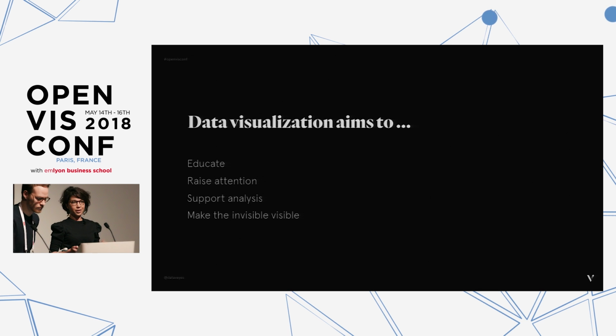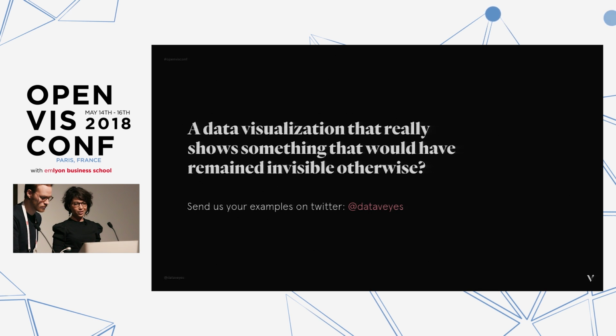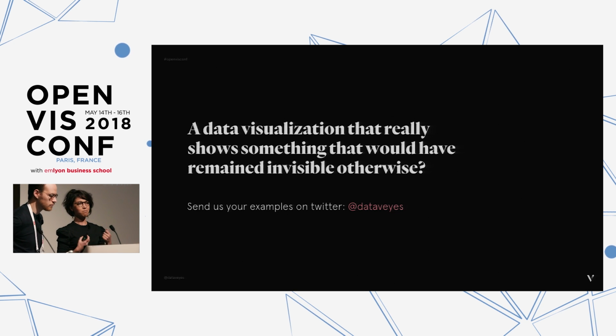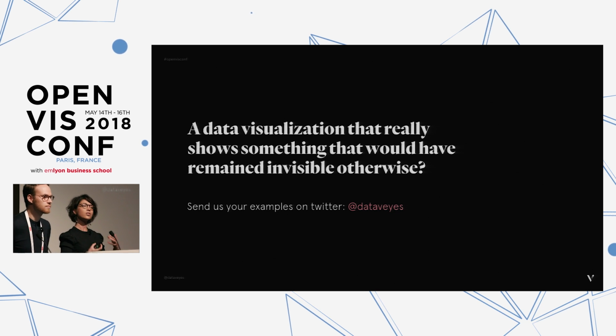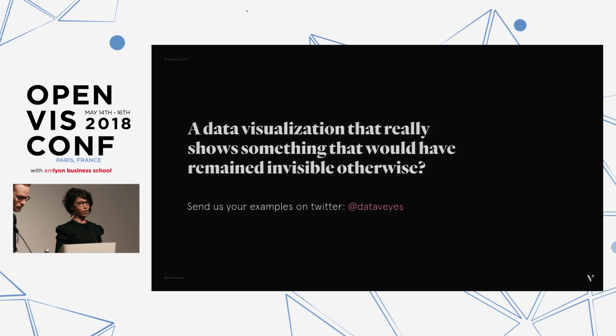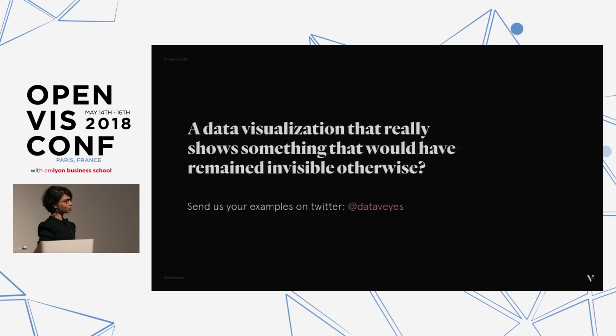And when we were preparing this conference, we tried to find some visualizations that really make visible something that would not have been understandable otherwise. And we found it complicated to find those kinds of good examples, because we have to find examples where, for example, raw figures, a table of figures, wouldn't have given the information.